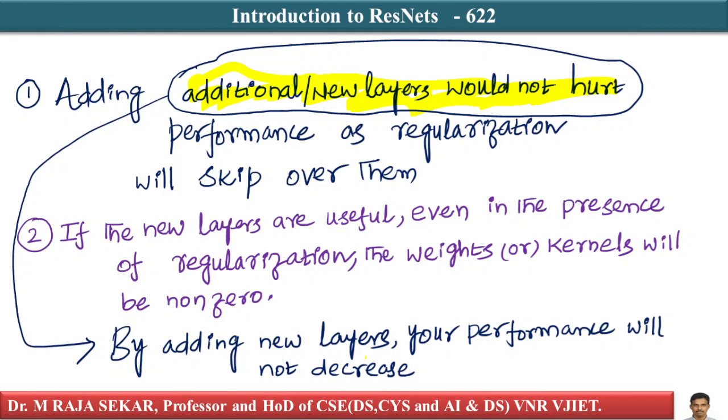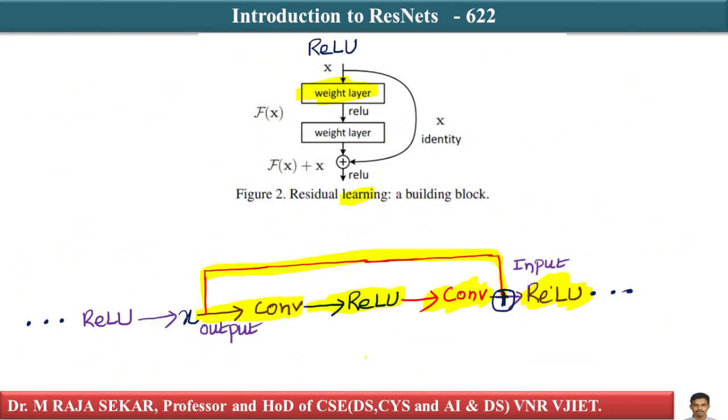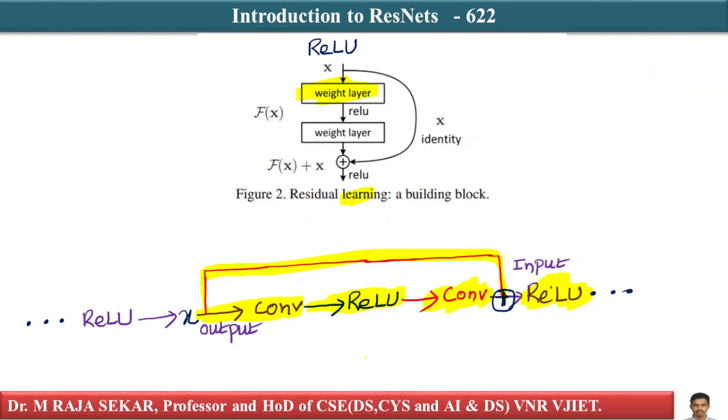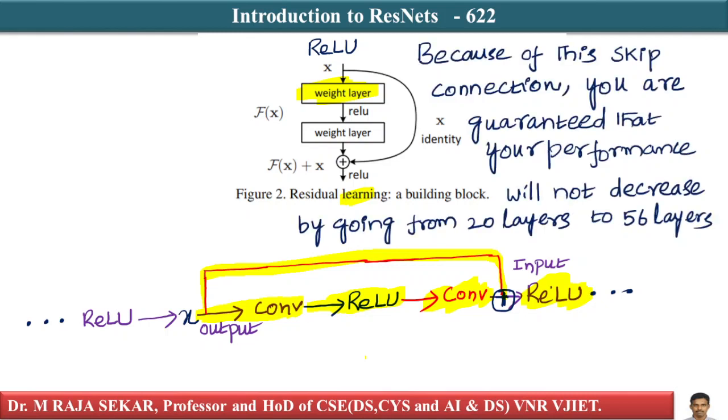Because of this skip connection, you are guaranteed that your performance will not decrease by going from 20 layers to 56 layers.